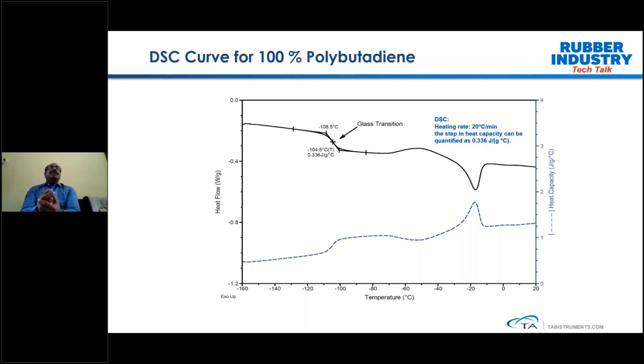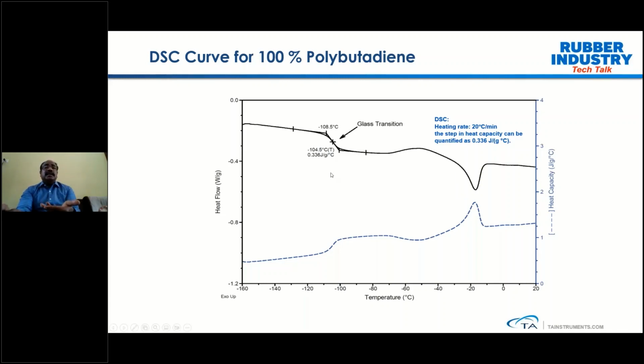When you run 100% polybutadiene, we can clearly see a glass transition temperature which is around -100. So in DSC you have the ability to go to negative temperatures. In this particular DSC, the run is performed with the help of liquid nitrogen. We started off from -160 degrees centigrade, and we can see a clear step change because this is 100% polybutadiene.